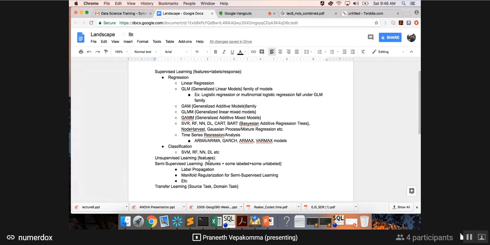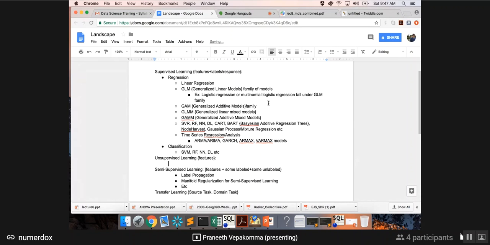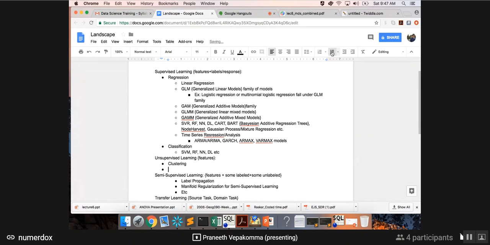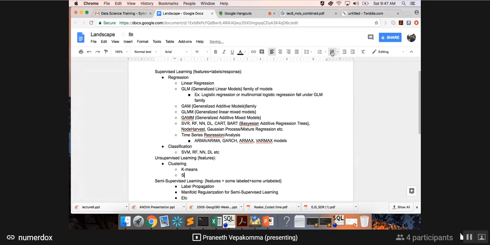Okay, then there is classification, unsupervised learning. It means clustering. You have manifold learning, MDS, right?